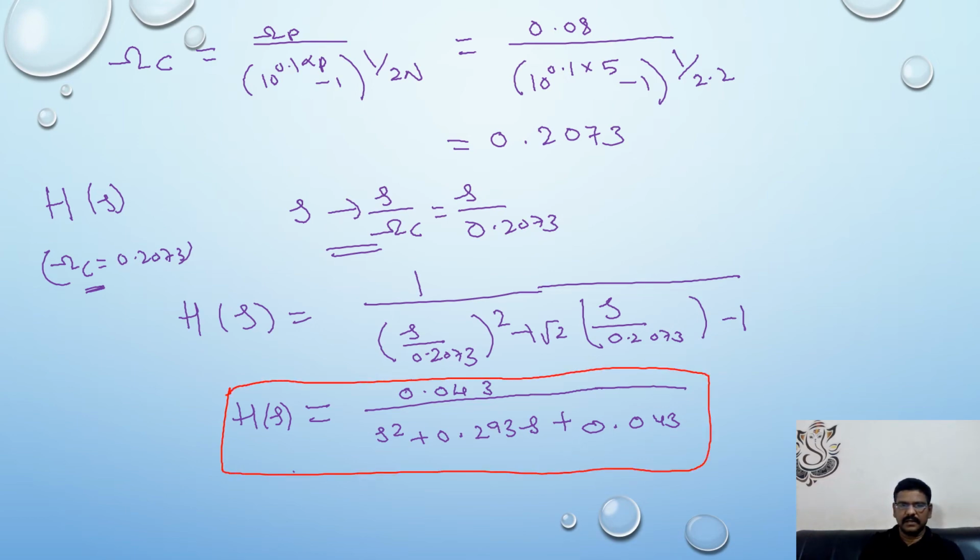But what we want is H(z). So how to get H(z) from H(s)? Because we are designing with the impulse invariant transformation technique, we need to use the transformation formulas of impulse invariant transformation to transform H(s) into H(z).